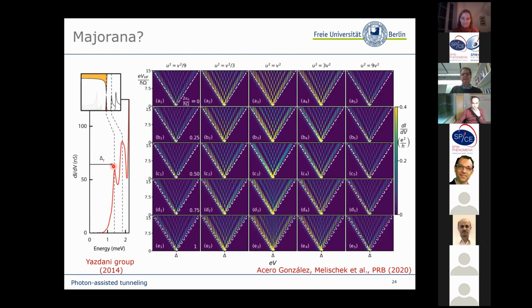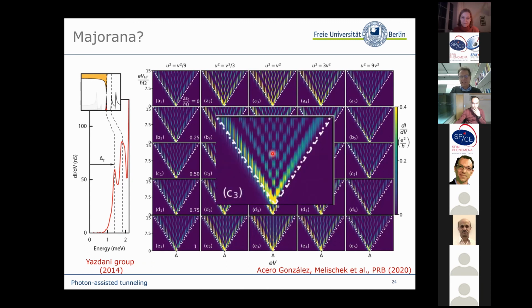And in fact, this is what this suggests. So imagine that you're not dealing with a Majorana, but with a subgap state that happens to have U equal to V. Then if you look at these photon-assisted tunneling patterns, you would see this splitting directly in your data. So this is shown slightly larger here.